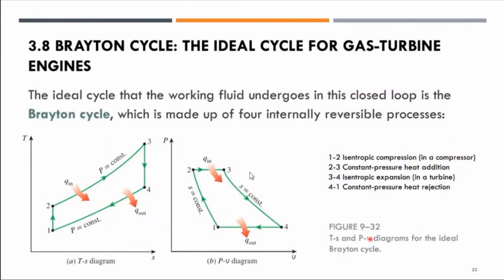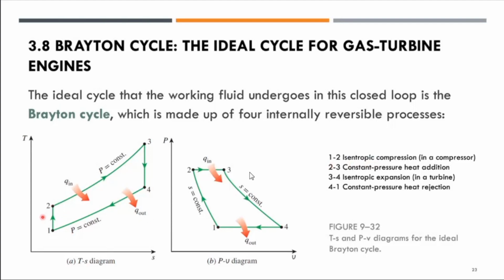The ideal cycle that the working fluid undergoes in this closed loop is called the Brayton cycle, which is made up of 4 internally reversible processes. Right? So you have process 1 to 2, 2 to 3, 3 to 4, and 4 to 1 back. Process 1 to 2 is isentropic compression.